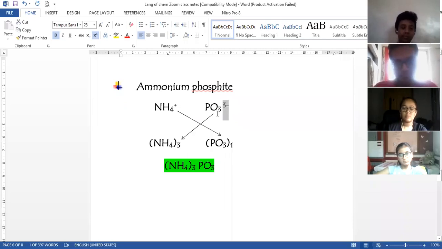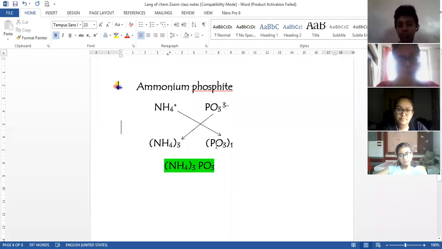Interchanging valencies, but before I interchange, since both are radicals, I'll be putting them in brackets. So NH4 in a bracket followed by 3, then PO3 in a bracket followed by 1. Now, as I already told you, we don't have to write 1 because it is understood that if you don't write anything, it is 1, right? So we remove that 1. So when this 1 is gone, then there is nothing outside the bracket.